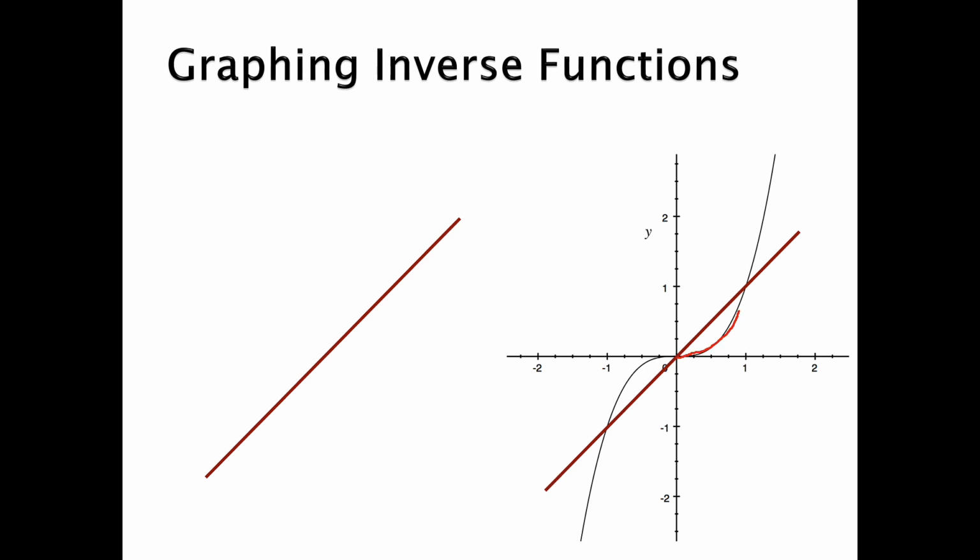So I'm going to draw part of this graph here. Notice that this part I've drawn is below the solid reflection line. So the inverse should flip across that. So instead of this little part of the graph that I've drawn below the line, I'm going to draw it above the line.